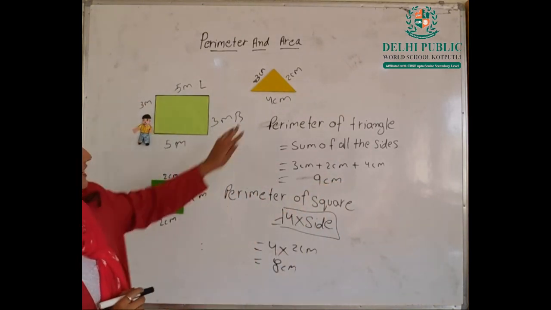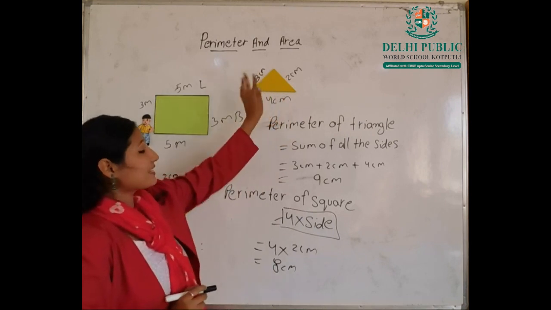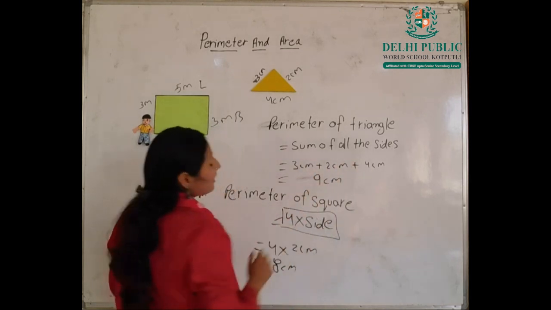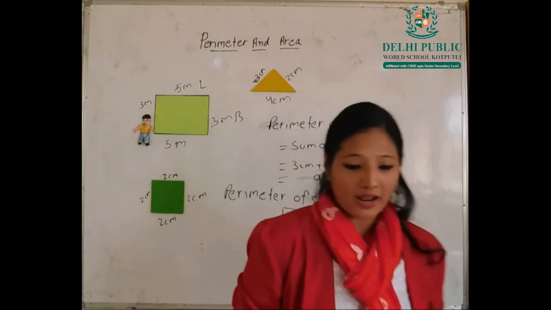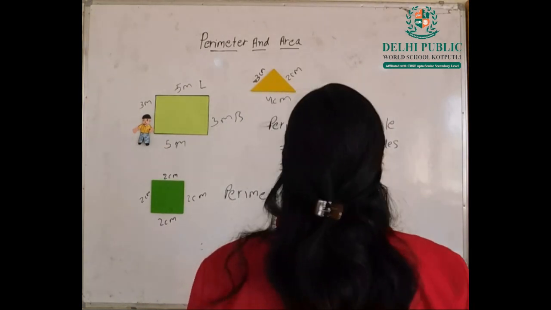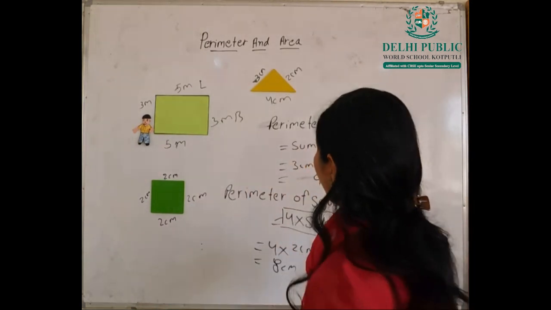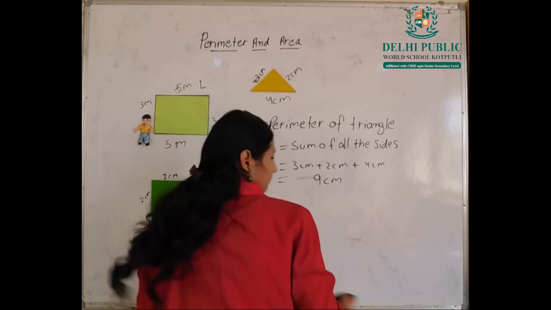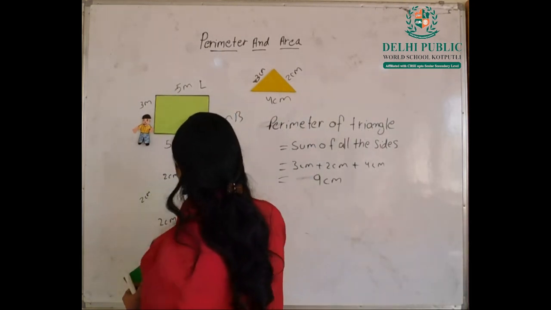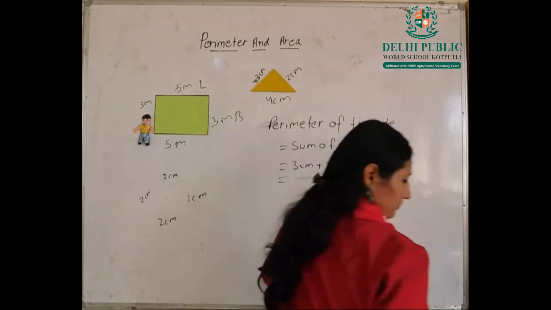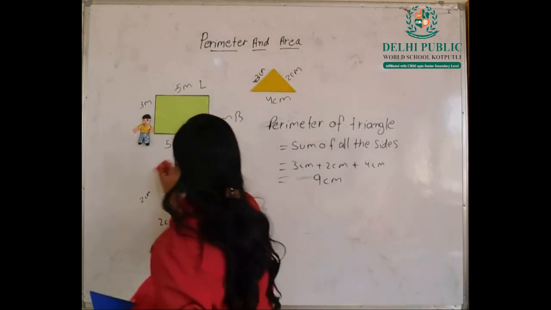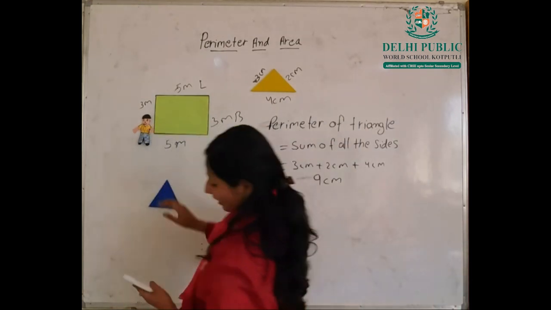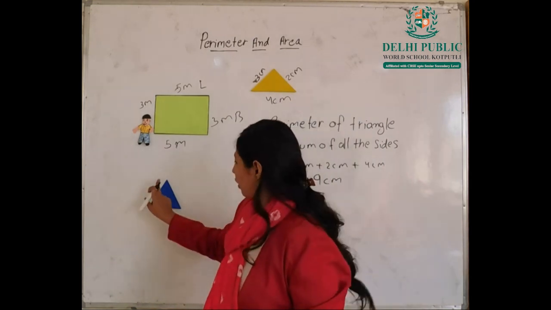So in this triangle we have three different sides. All the sides are different. So in this kind of triangle we will find the perimeter by adding three sides. Now there is another triangle, and this triangle has equal sides.